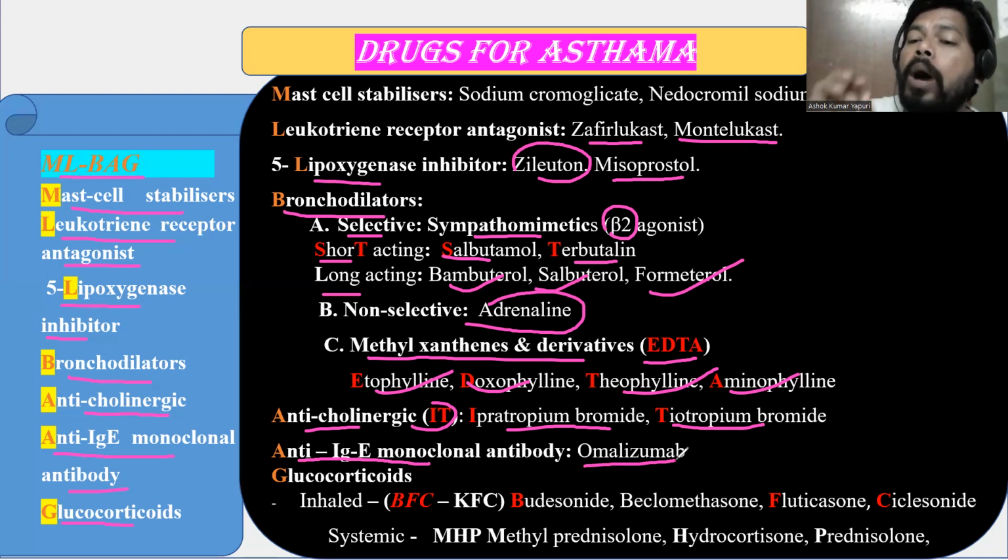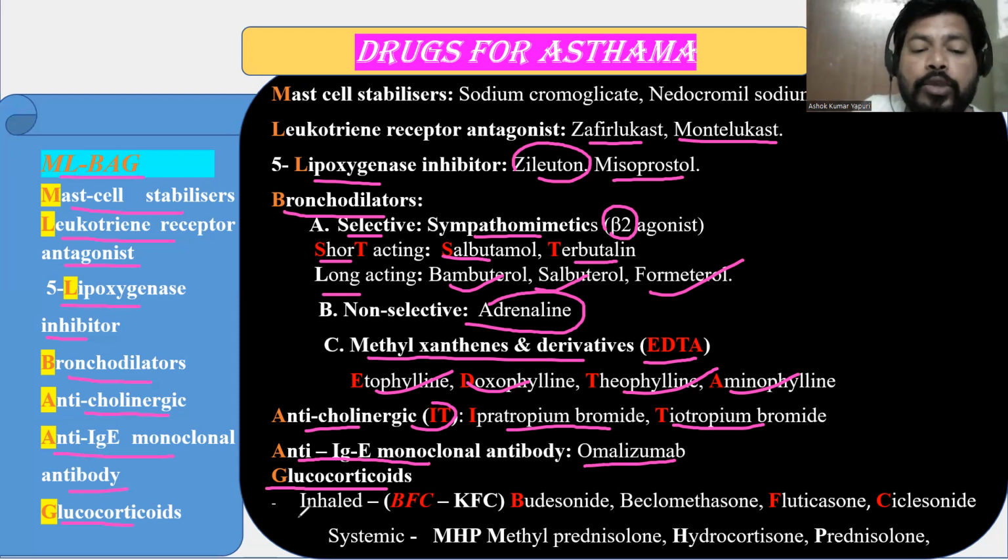That's why we have to oppose the IgE antibody action by using the monoclonal antibody omalizumab. And next are the glucocorticoids. These are steroidal compounds, and glucocorticoids have excellent anti-inflammatory action. If asthma is with inflammation, in a severe inflammatory asthma condition, glucocorticoids are the first choice because of their excellent anti-inflammatory properties.